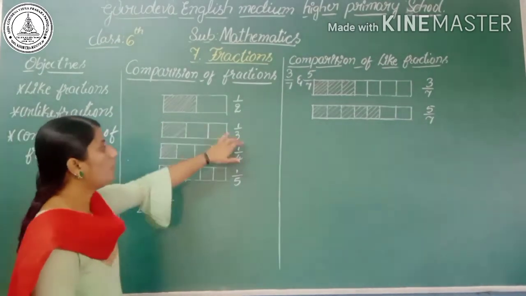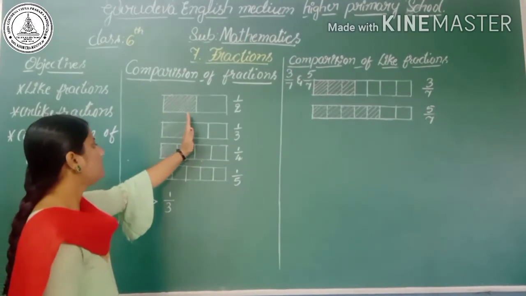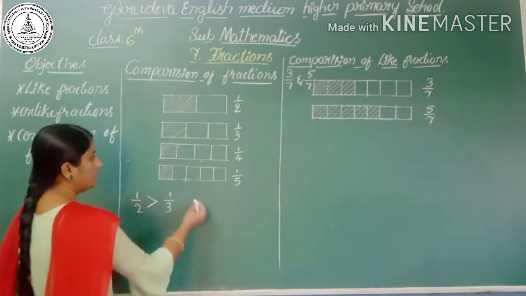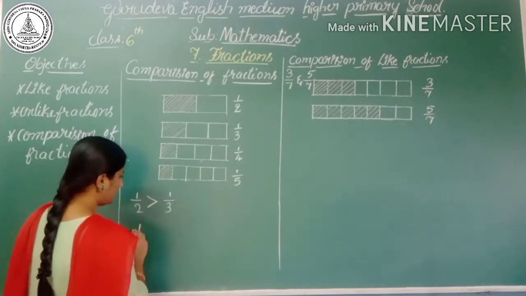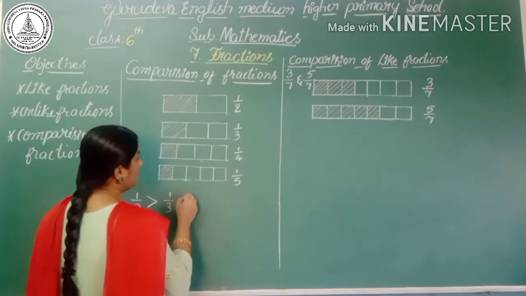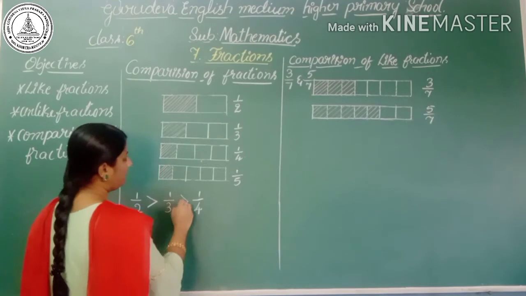One is the larger portion, the other the lesser portion. Right? So 1 by 3 is greater than 1 by 4.